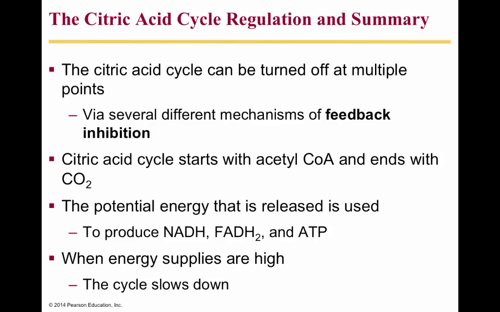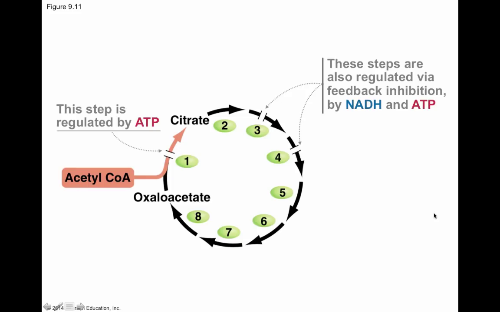And again, this pathway, the citric acid cycle, is turned off at multiple points. It is subject to feedback inhibition. And it will basically turn on when energy supplies are low. And when energy is high, the pathway turns down or shuts itself off. These are the places where regulation can occur, some of the places anyway.